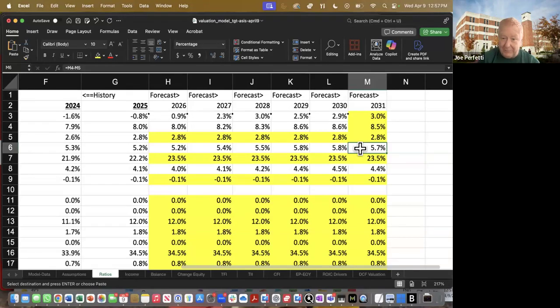So based on the trading multiples today and the share price today, the market is estimating that their long-term operating margin will fall to approximately 5.5%. Now you'll notice in our model, that cell is not yellow, right?